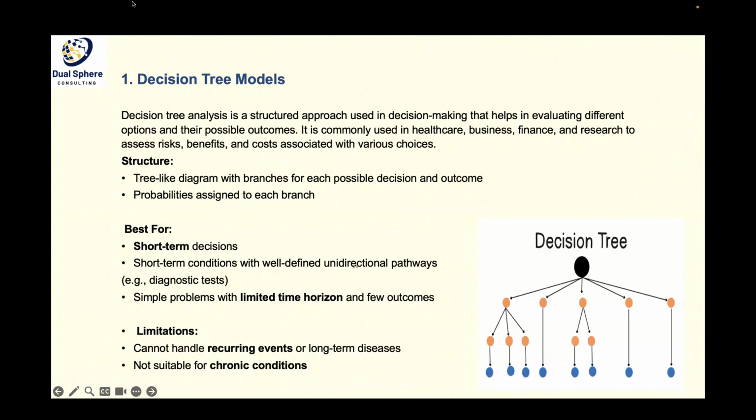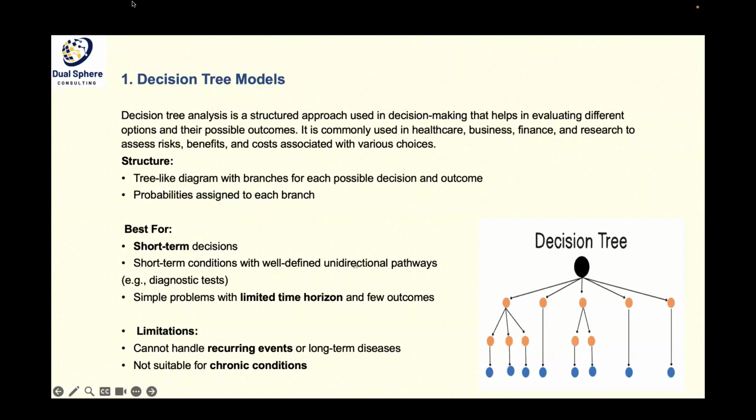So how do you do that? It's just a tree-like structure, which you can see on the right side of the slide. It's a tree-like diagram with different branches where you capture the different possible decisions or choices, and the ultimate outcomes from those choices.